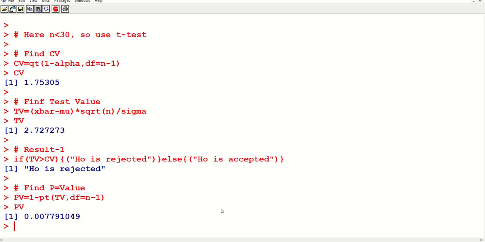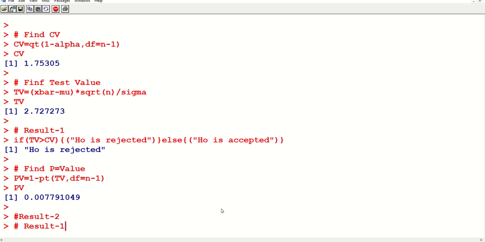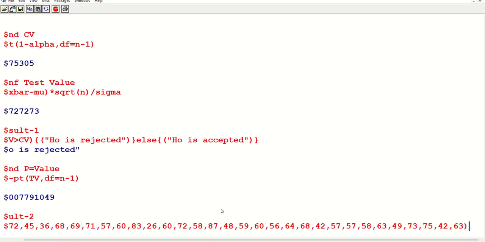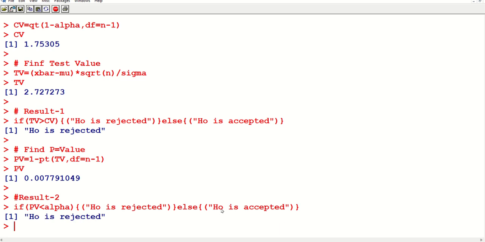This is the p value here. Same, you can check the result too. If you compare with the p value, it is rejected.